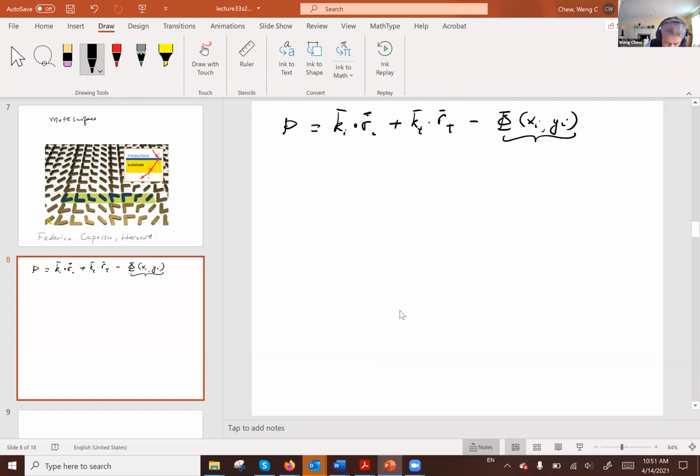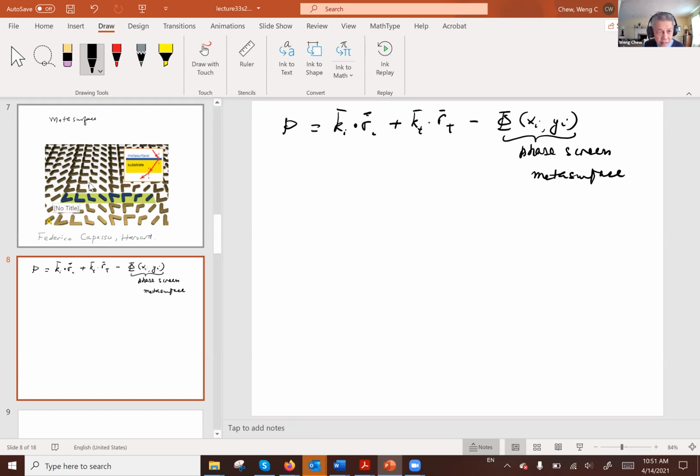Let's call this a phase screen, and it's made from metasurfaces, so that when the light ray goes through this phase screen, depending on where you are, the phase shift gained by the wave is position dependent. It depends on where you hit the phase screen, how the light ray hits the phase screen.